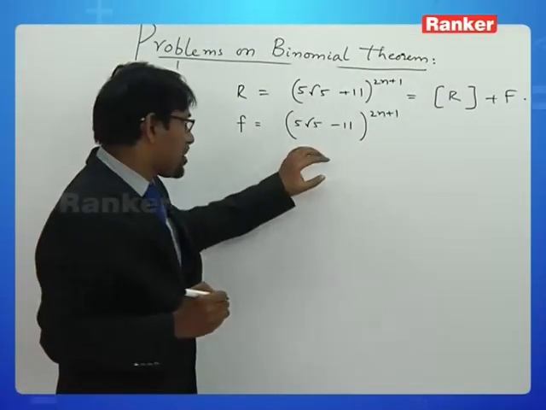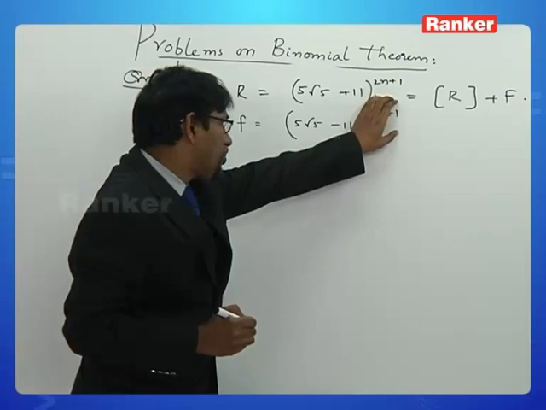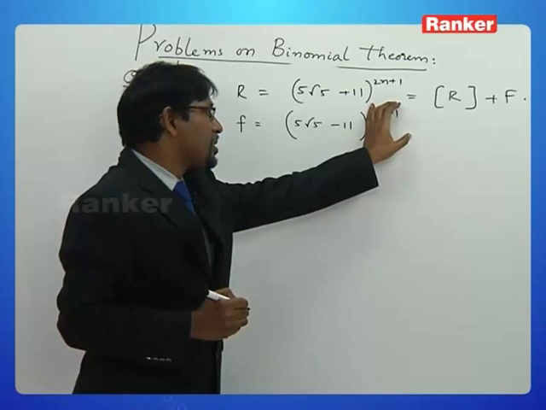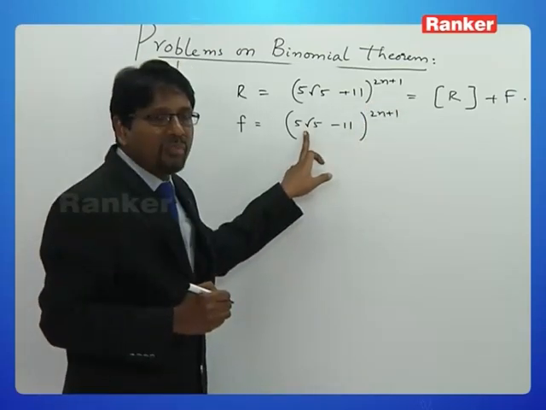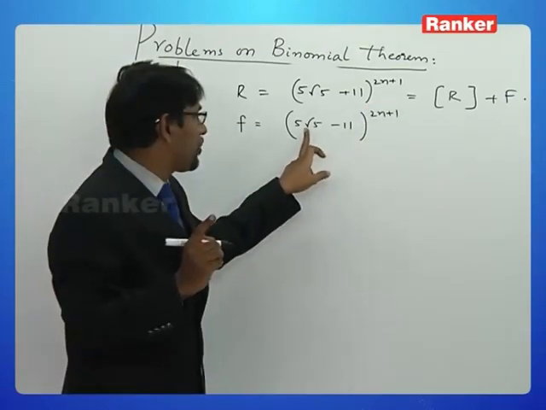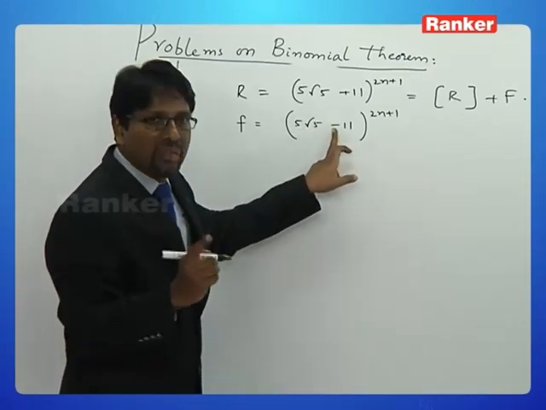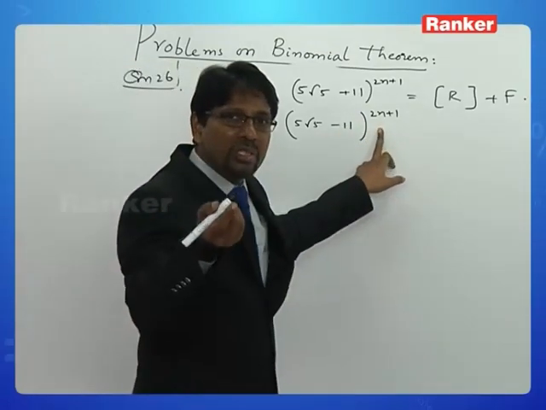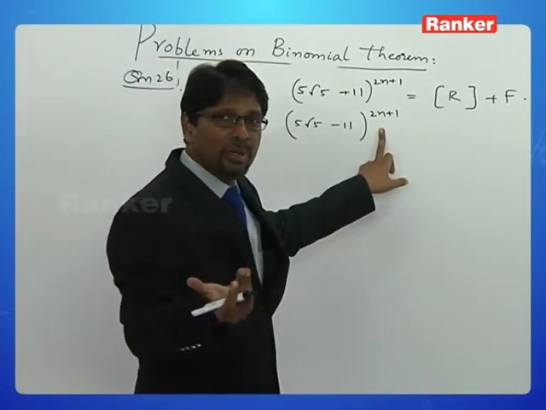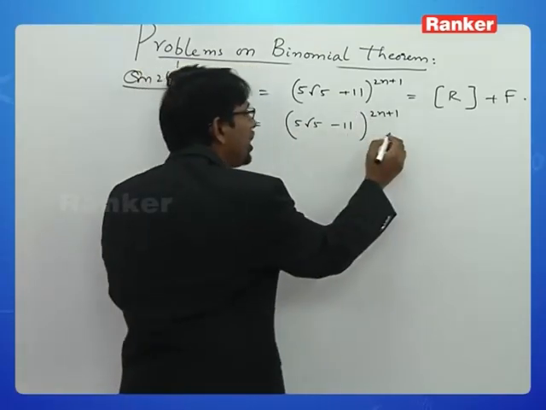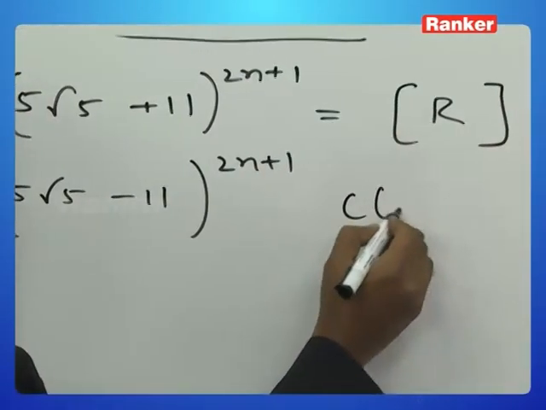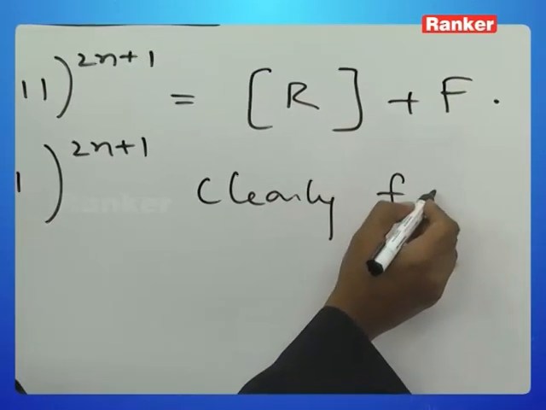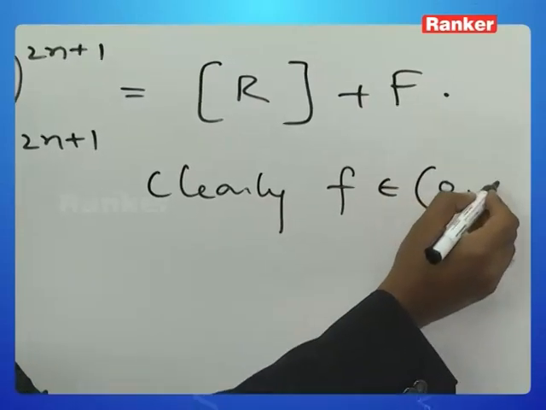Now let's have a look at this first. Forget about the power 2n plus 1 for a moment. We have 5 root 5 minus 11 in the base. What is the approximate value of root 5? 2.2 something. So 5 root 5 minus 11 will be a fractional quantity, which when raised to higher powers further gives a positive fraction. So what do we get? Small f belongs to the open interval 0 to 1.